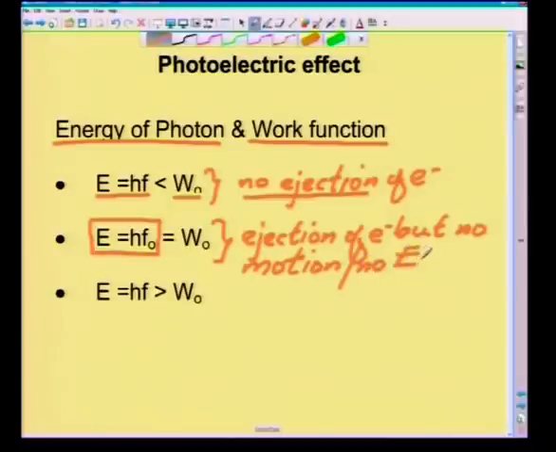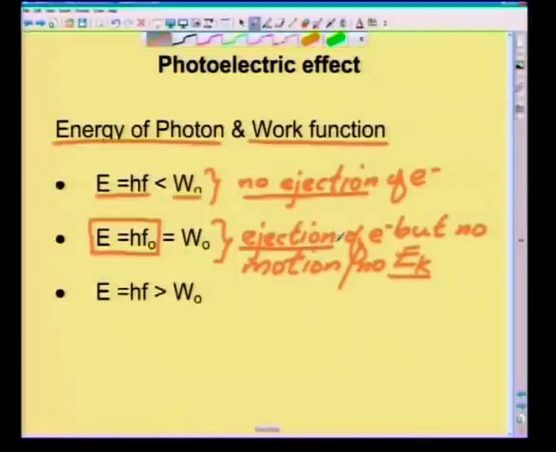No kinetic energy. There isn't enough excess energy apart from the work function to give the electron enough energy to be moved off the surface of the metal. So electrons will be ejected here, but no motion, no EK.